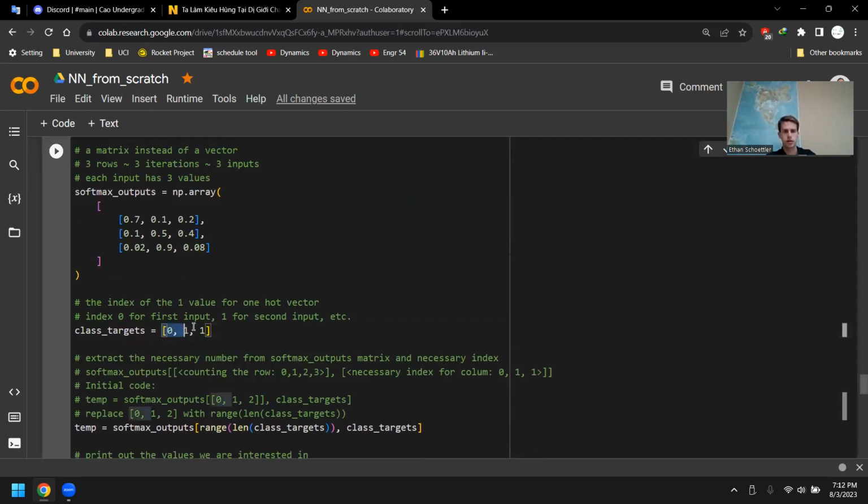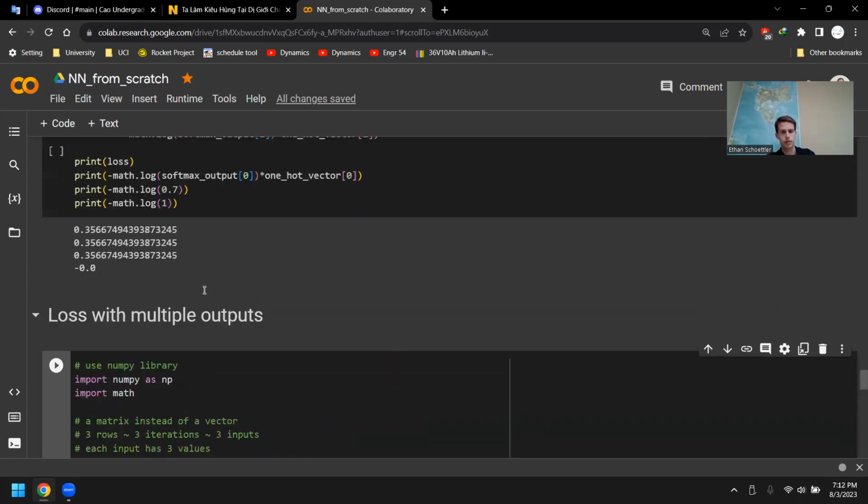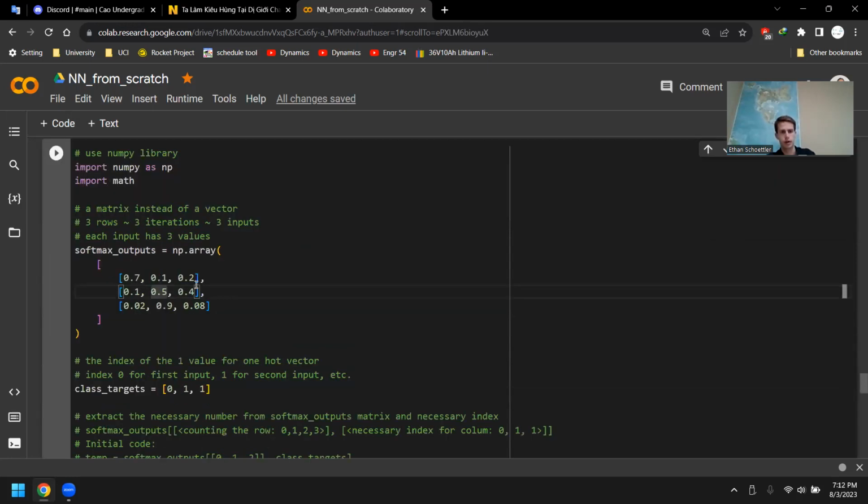It doesn't really matter as long as you have enough information to take out the number you want. You don't need the full matrix, because the matrix is just ones and zeros, and each row has only one number one. As long as you know the index of the number one in each row of the matrix, you just need one vector to tell you the index of the number one in each row of that matrix.